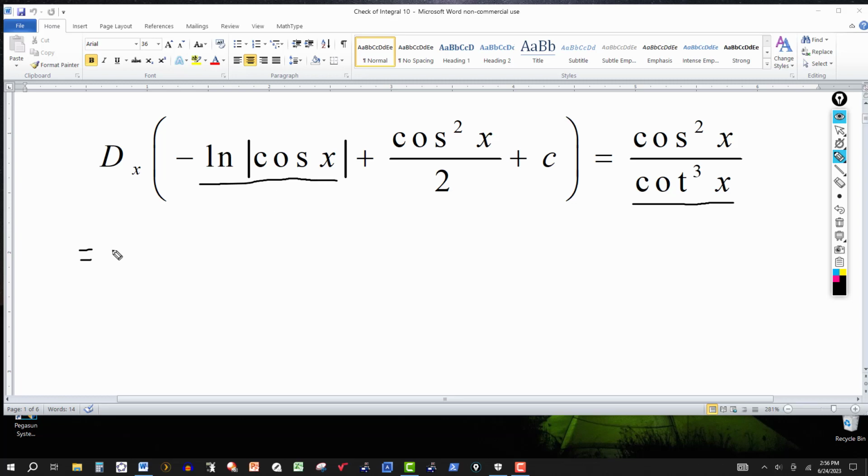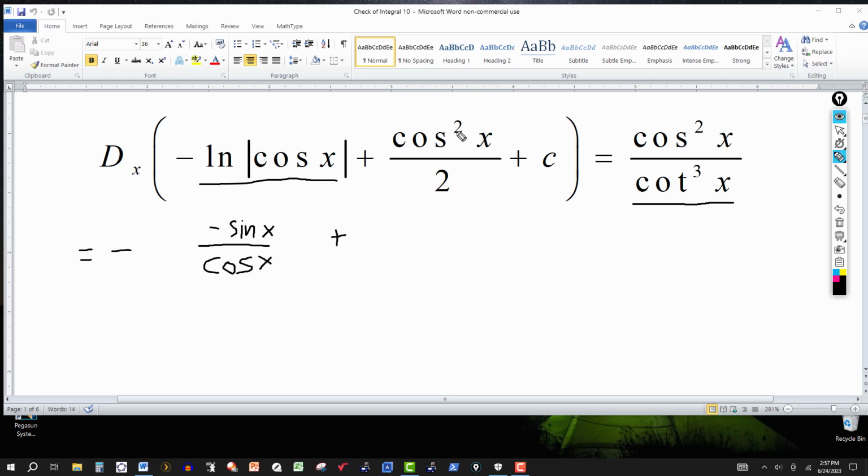The derivative of the natural log is minus, and then the cosine goes in the denominator, cosine of x. And then we take the derivative of the cosine, that's minus sine of x, so we have a double negative there. And then we have a plus over here.